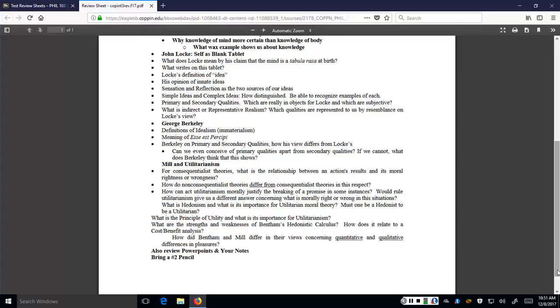So then for Berkeley, what we experience as a material object is just a combination of its ideas. And all of these ideas are mental, either from our own minds or, for Berkeley, caused in us directly by God, not by independently existing material objects.